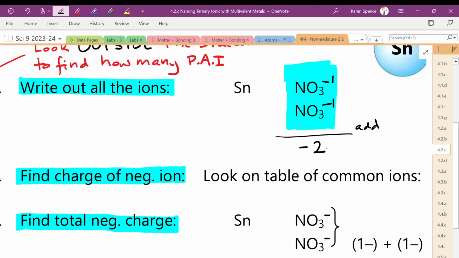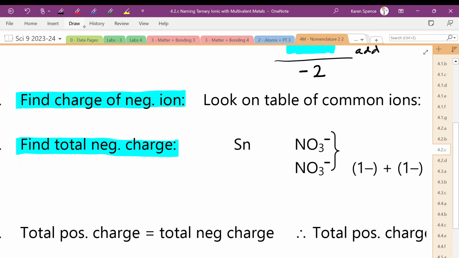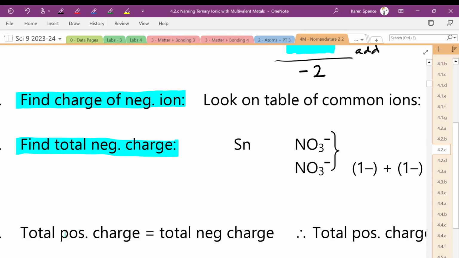Step number 1, write out the ions. Step number 2, find the charge of the negative ion. Step number 3, find the total negative charge. And now step number 4, the total positive is equal to the total negative. So positive charge is equal to negative charge.